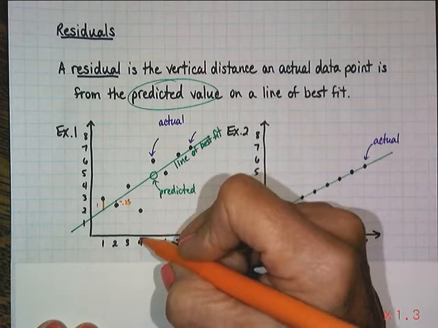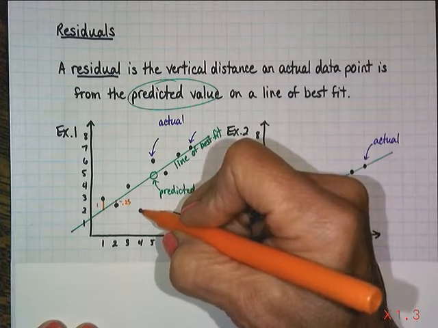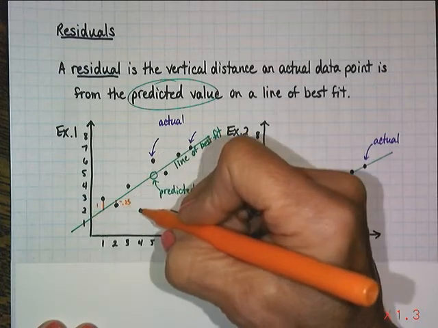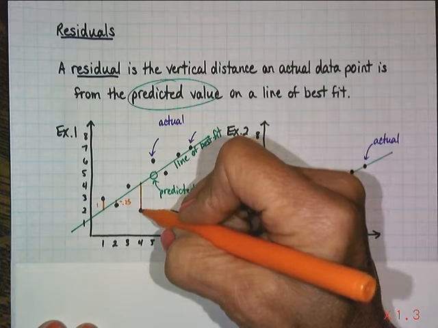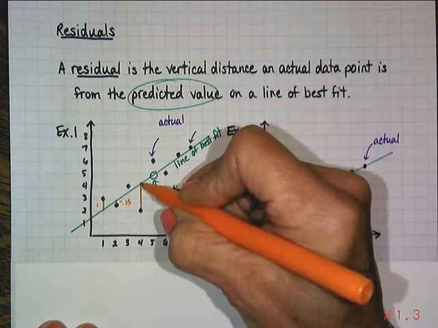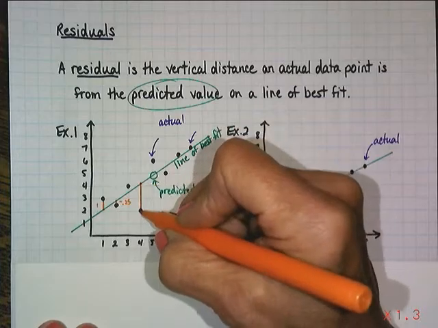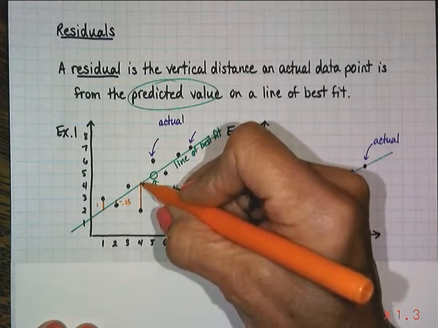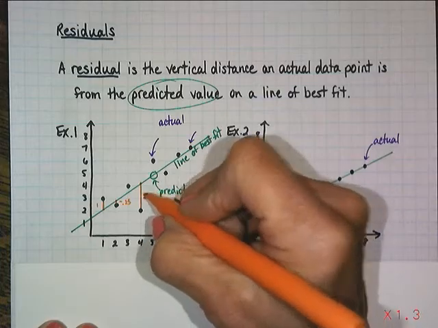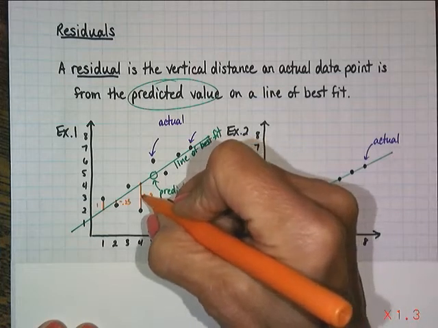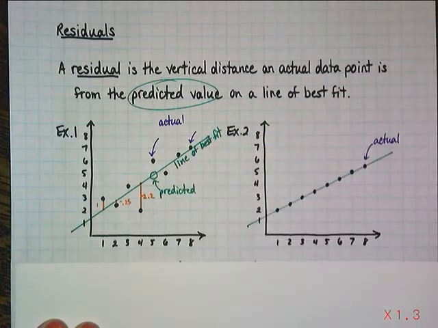Let's look at when x is 4. When x is 4, the actual value is 2, but the predicted value is way up here. So how far is this dot from the predicted line? It is about 2, maybe 2.2 units away. So it's about 2.2 units below the line of best fit. I'm going to put a negative 2.2.